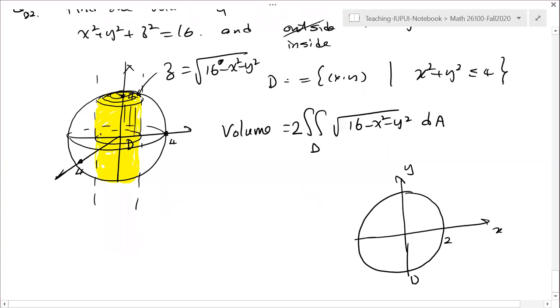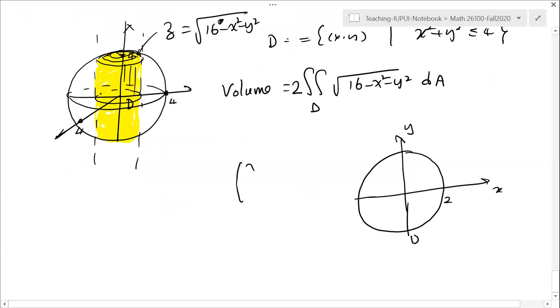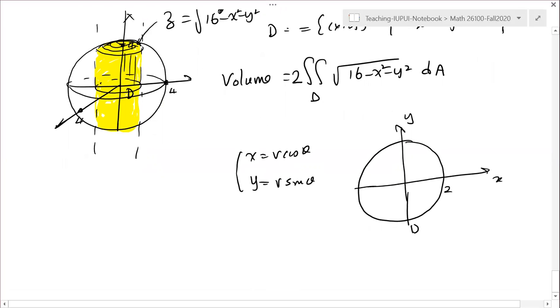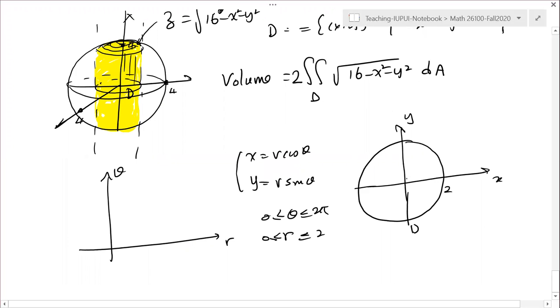To describe this disk using polar coordinates, all you need is theta between 0 and 2 pi, and r between 0 and 2, because an arbitrary point here can be described by r and theta. So theta is between 0 and 2 pi, and r is between 0 and 2.